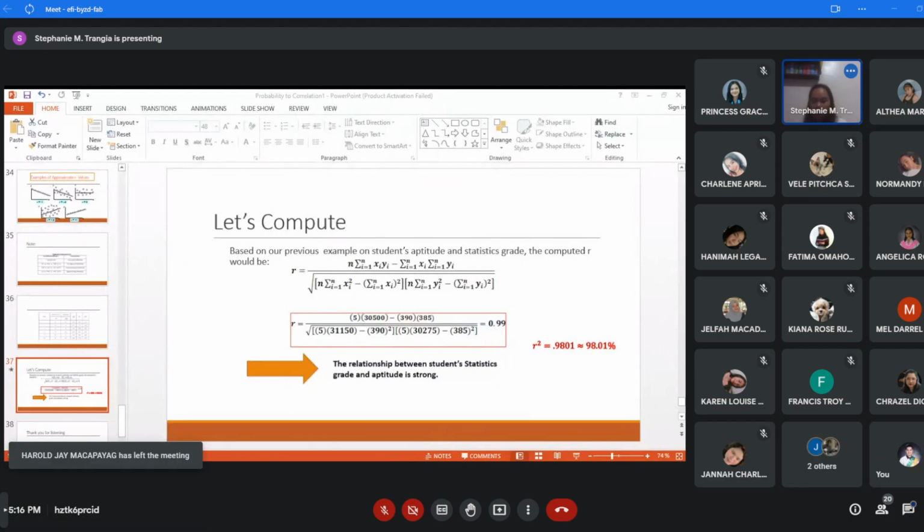Yes, Ilumba. Ma'am, for approximate R values, how do we estimate the number outside of the exam? That's just a concept, ma'am. Okay.